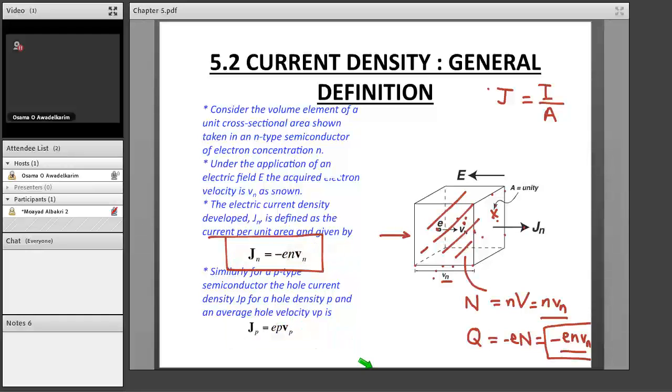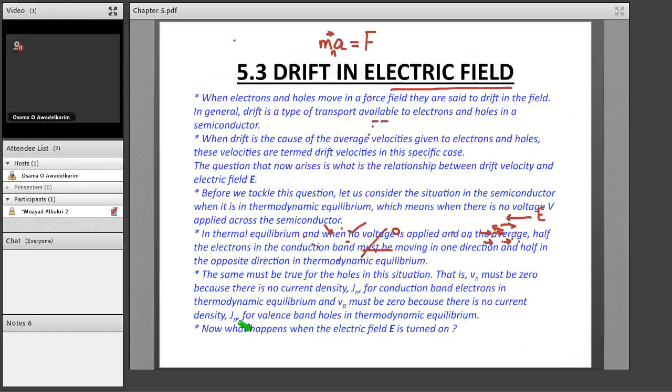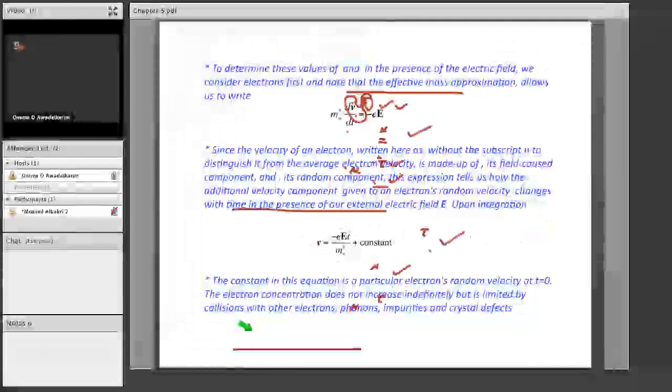And in this equation, we have Vn. So we'll have to put Vn here or Vp here and get the current density for electrons and for holes. And so this will be the current densities coming from the drift mechanism, or from an applied electric field.